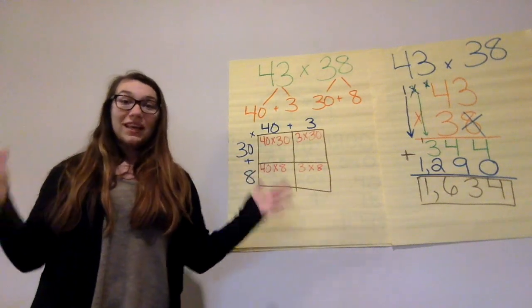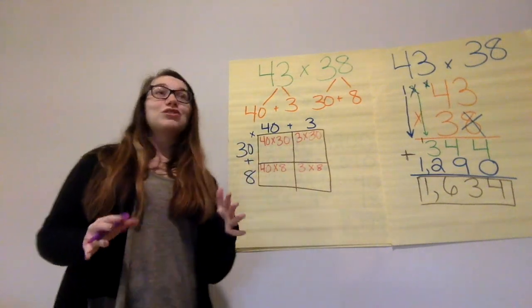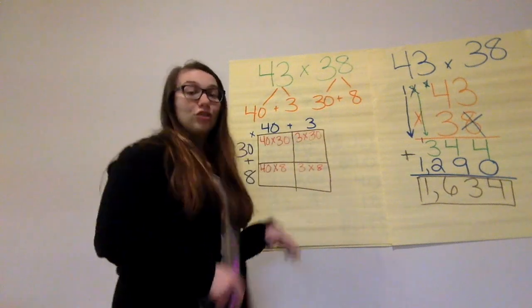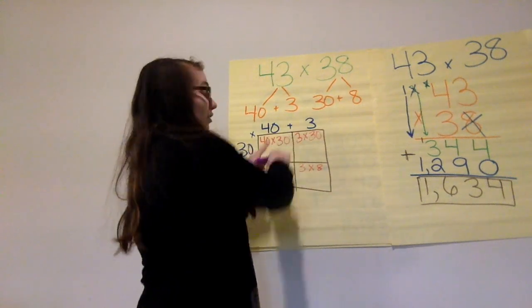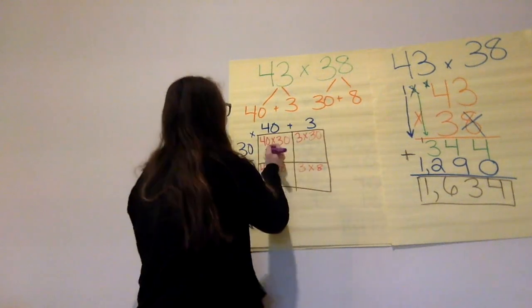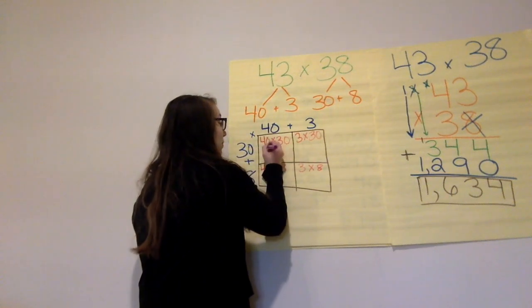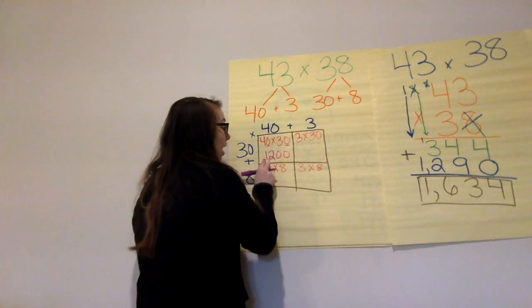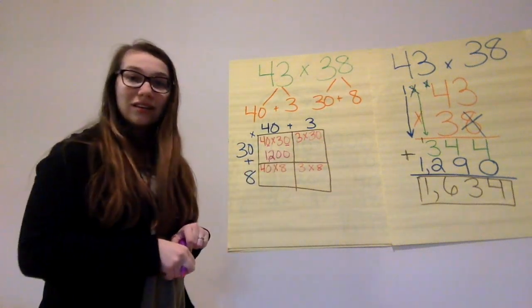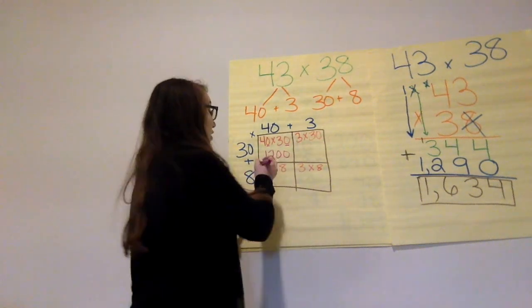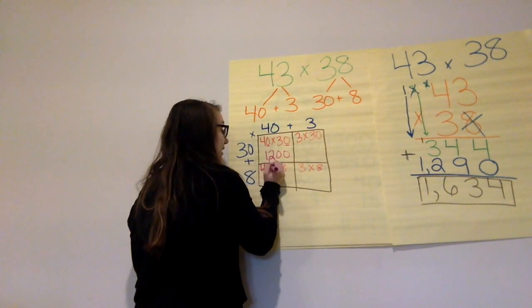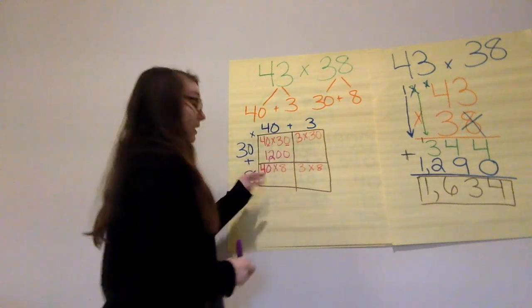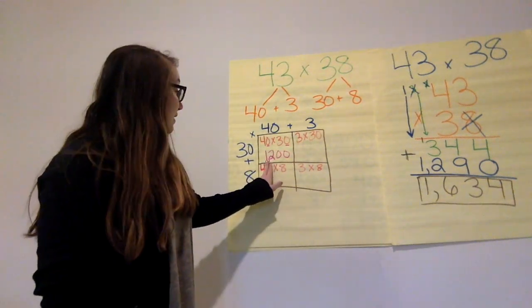All right, now that we have all of that done, we're going to go ahead and multiply. 40 times 30 is two huge numbers, so do our little trick, cover up our 2 zeros. 4 times 3 is 12, plus 2 zeros. So we have 1,200. Next we have 40 times 8. 40 is a big number, gonna cover up that 0.